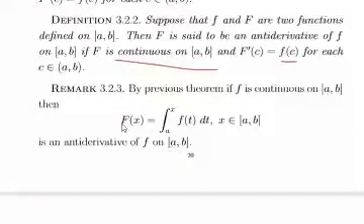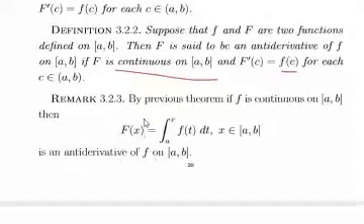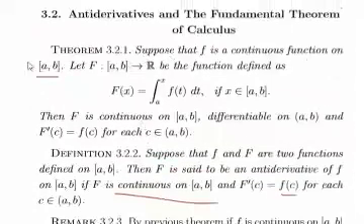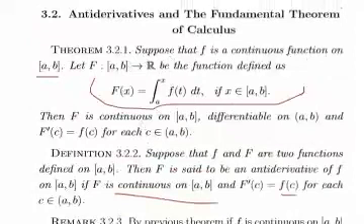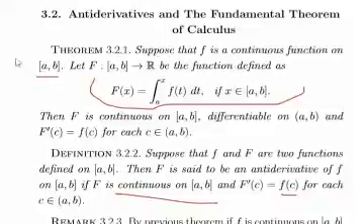So this capital F is an antiderivative of lowercase f on a, b interval, right? This one is clear. This is the fundamental theorem of calculus, right? I think you understand this. We don't give a proof. So we just use these theorems to solve problems, right?